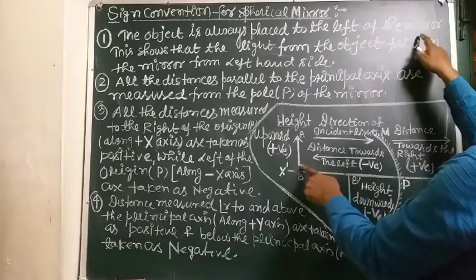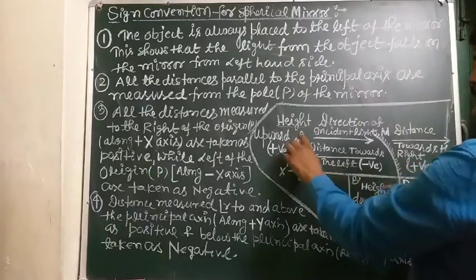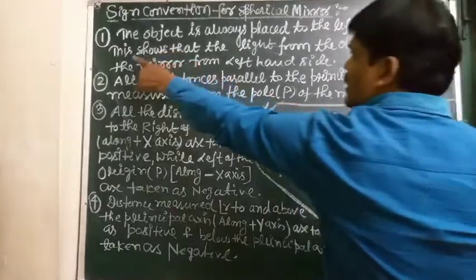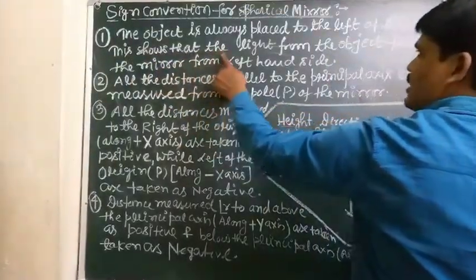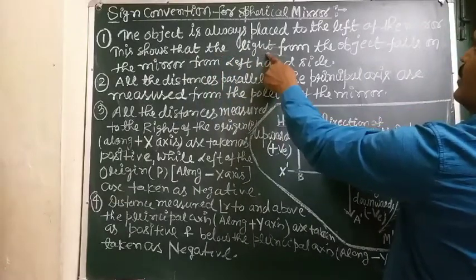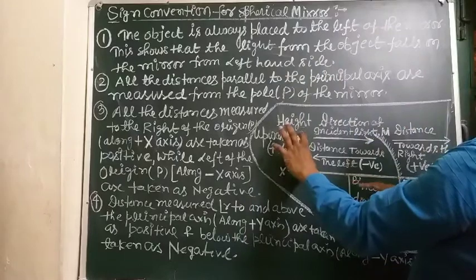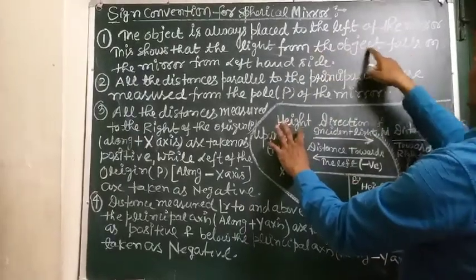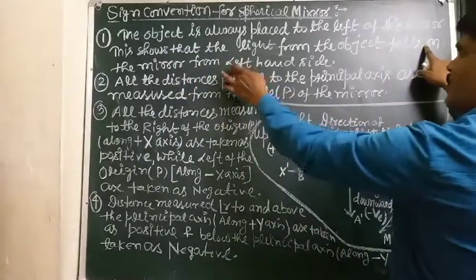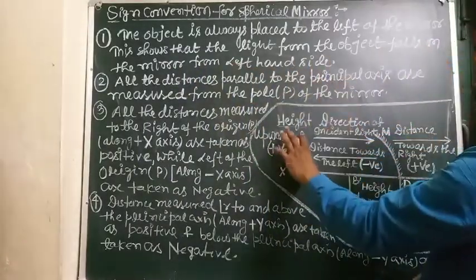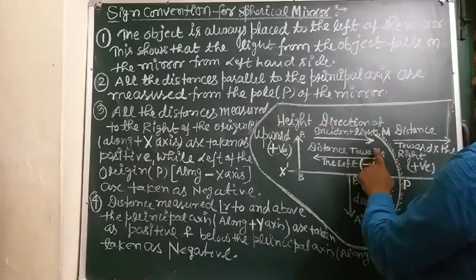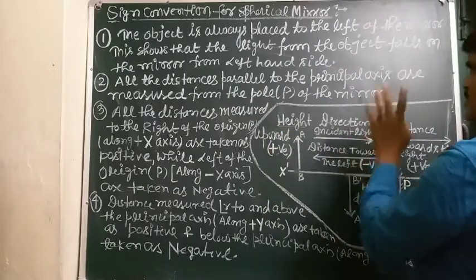This is the object and this is the mirror. This shows that light from the object falls on the mirror from the left hand side. So this is the direction of incident light.